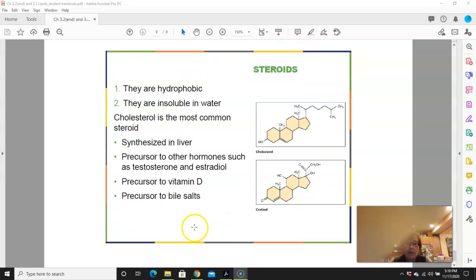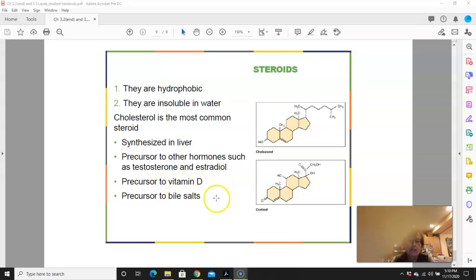Now here's just a little bit of the specs on steroids, like where are they, what are they. They're all hydrophobic, which means they don't dissolve in water. They're made in the liver. They are also important as precursors, meaning that they form the elementary parts or reactants for making things like testosterone, estrogen or estradiol.